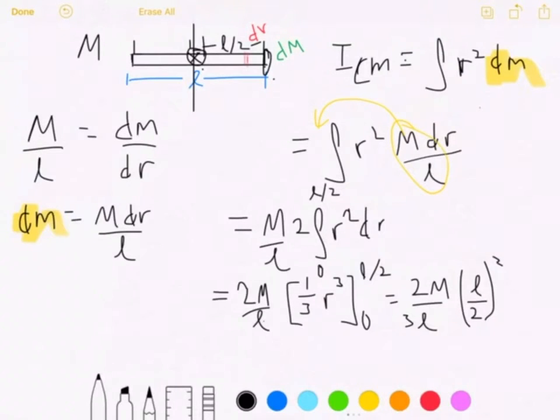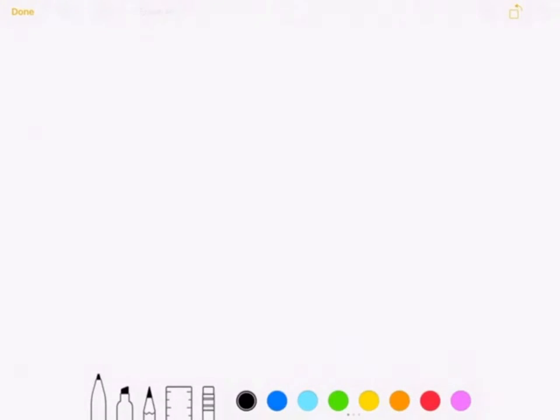Alright, so we need a little bit more room. Let's go to the next page. So we're going to have 2M over 3L times L cubed over 2 cubed. 2 cubed, we're going to get 8.